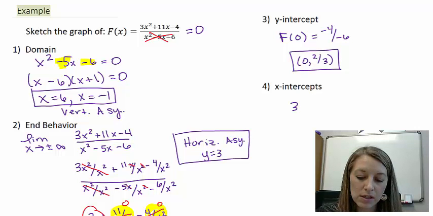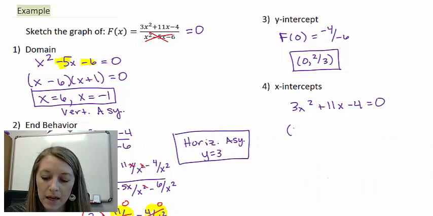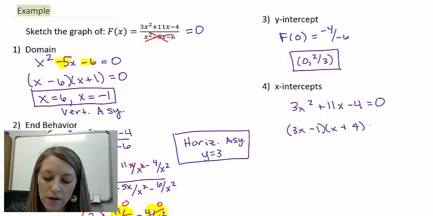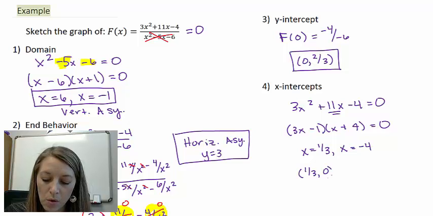So really, I just need to set my numerator equal to 0. And I can do this by factoring. The outside gives me a positive 12. The inside gives me a negative 1. So that gives me x is equal to 1/3 and x is equal to negative 4. And so that gives me ordered pairs at 1/3, 0 and at negative 4, 0.